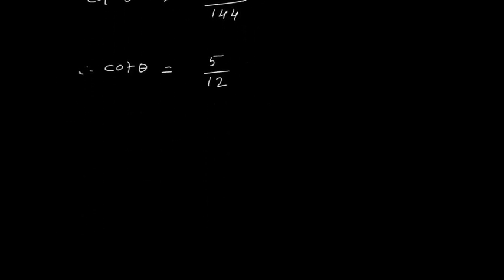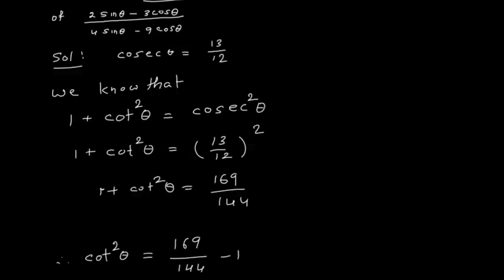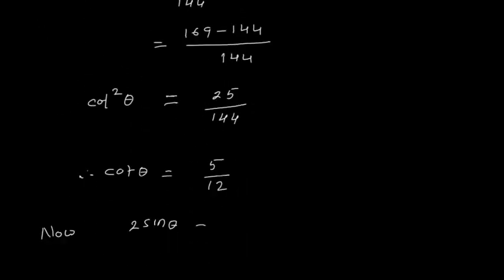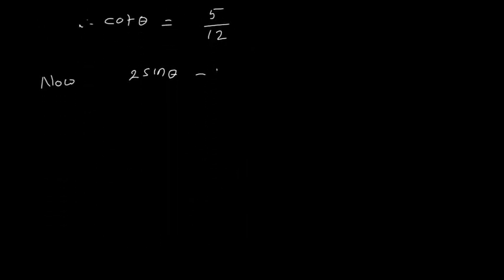Now what we have to find? We have to find the value of (2 sin theta minus 3 cos theta) divided by (4 sin theta minus 9 cos theta). So what do we do?